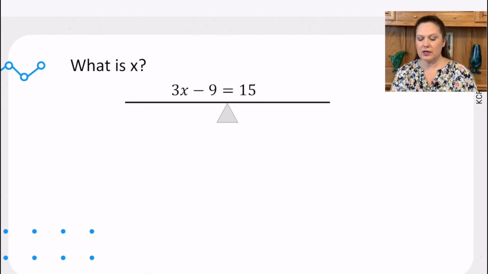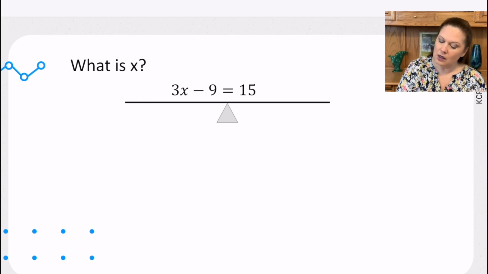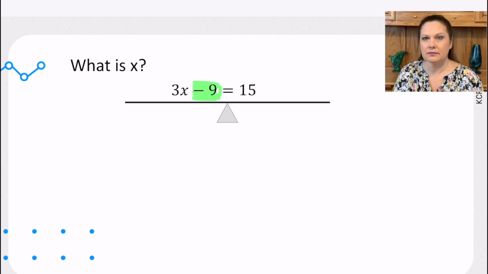So if we have 3x minus 9 equals 15. Remember, in our order of operations, the last thing we're going to do is addition or subtraction. So that's the first thing we're going to undo. So notice, and I'll put this in highlighter, we're going to subtract 9. What's the opposite of subtracting 9?